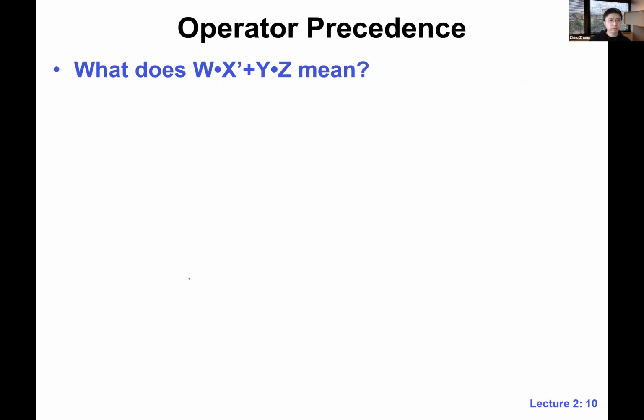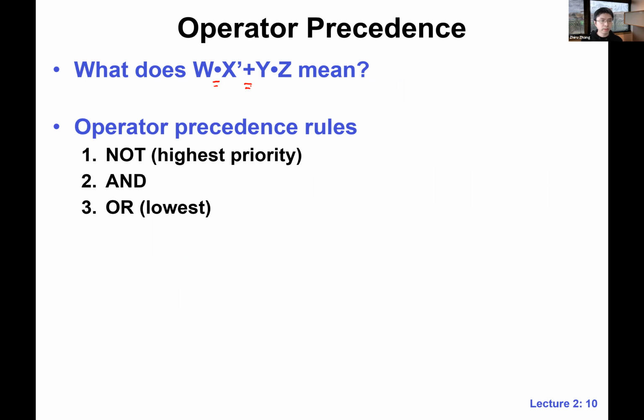We also need to define how we order things, so that's where we define the precedence. For example, what exactly does this mean? Do we calculate this term first? Do we calculate the AND first, or the OR plus first? So we have to define some order. Here's the precedence. This is very similar to the ordering rule in some programming languages.